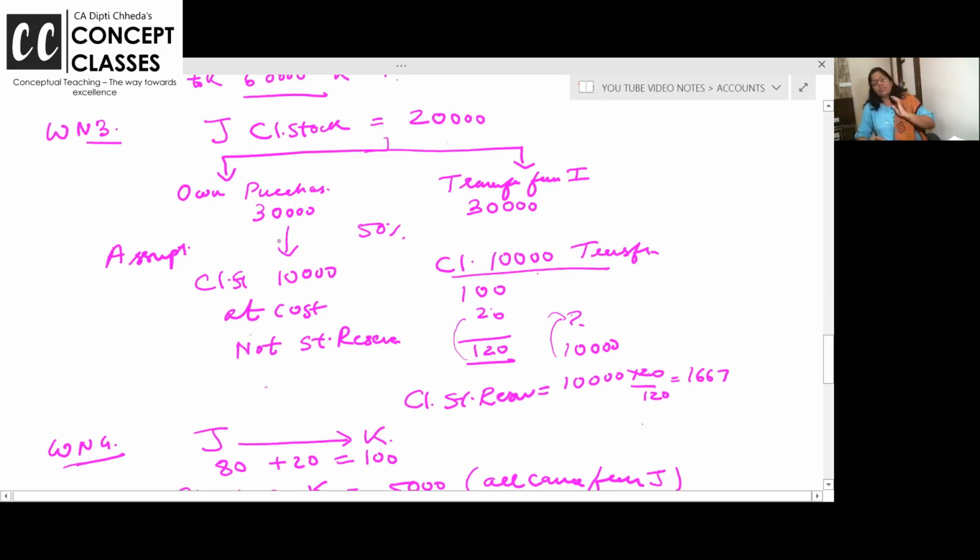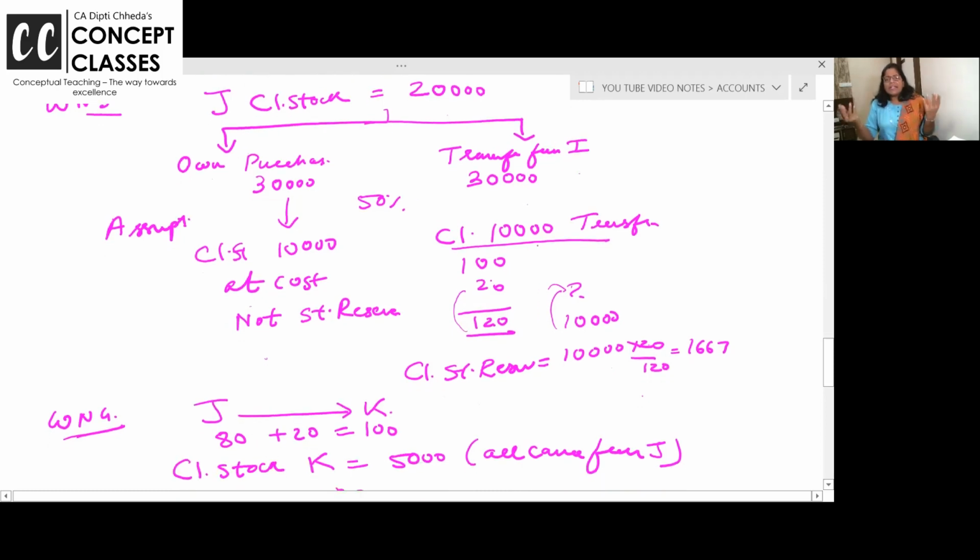Look at the trading account. J's own purchase along with the labor is 30,000. And from IA, it has got 30,000. So nothing is given. So we are assuming that in the closing stock, 50% is 10,000 closing stock is J's own purchase.